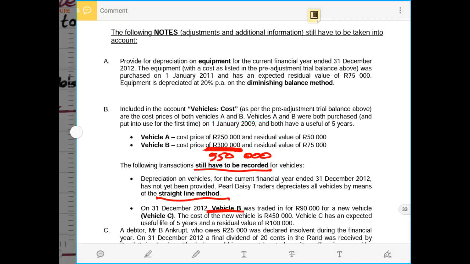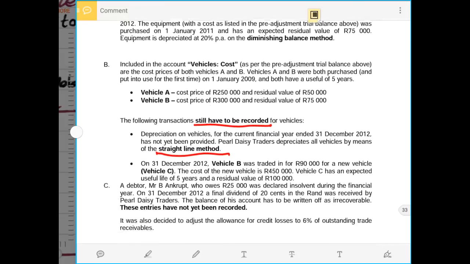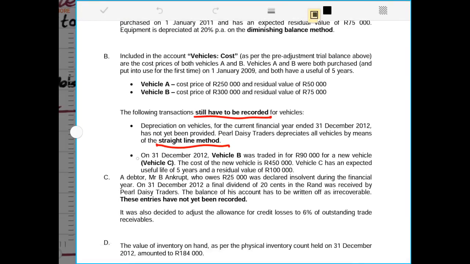Now we are checking the date on which this asset was disposed so that we count the number of months where necessary. It said in the second bullet point that on the 31st of December, that means the end of the current accounting period, vehicle B was traded in.